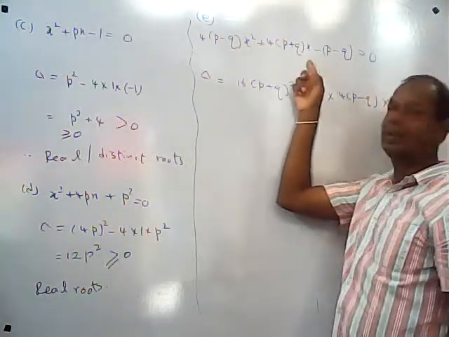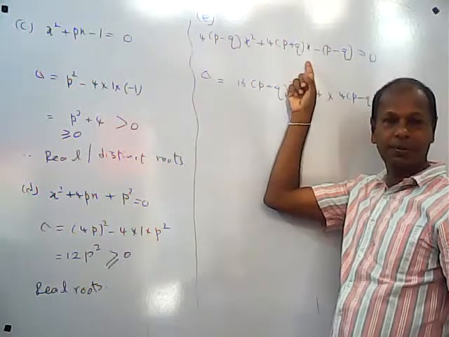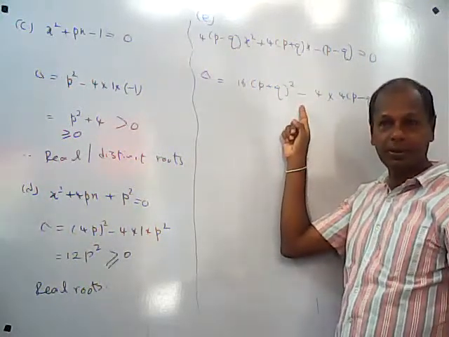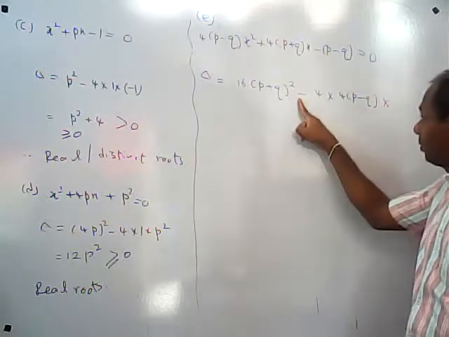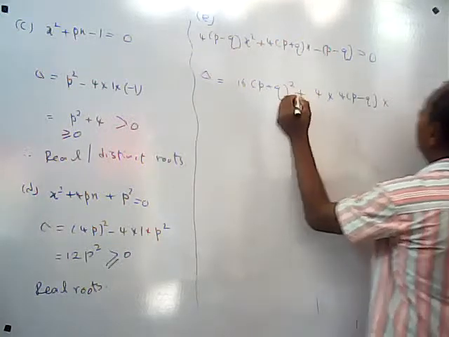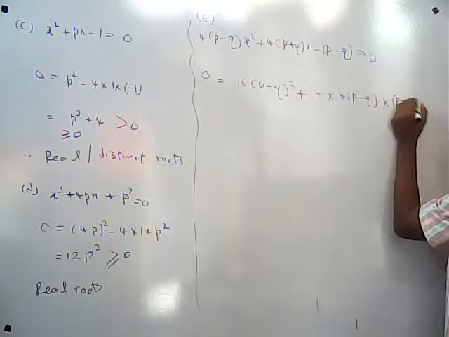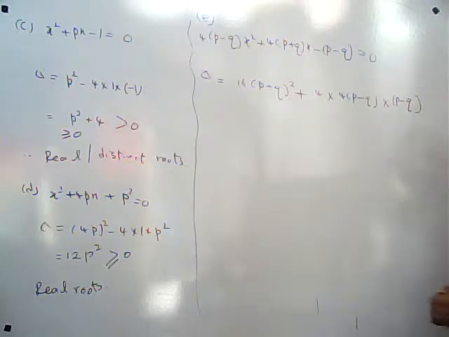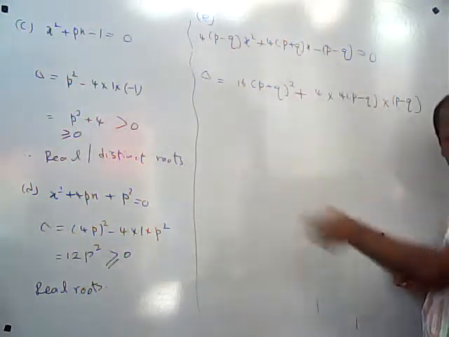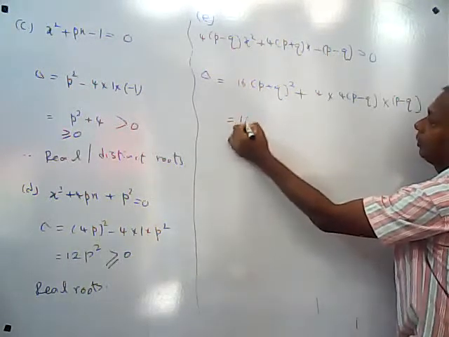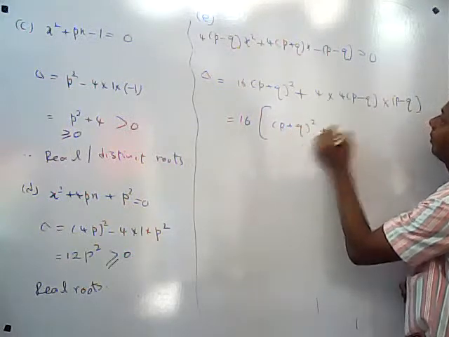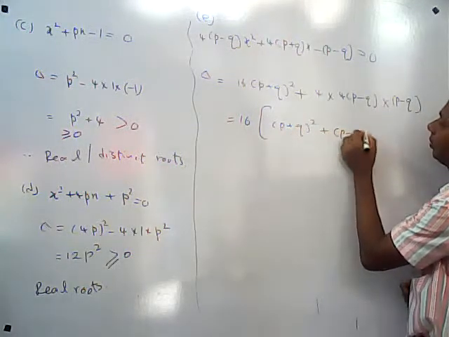When you consider c, there is a minus in front, so that minus will make it plus in the middle. Finally you see that 16 and 16 are common, so we can take 16 out. That will give p plus q squared plus p minus q squared.